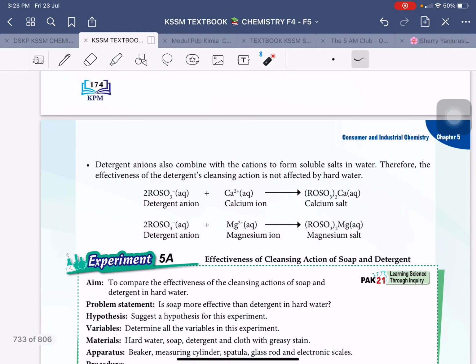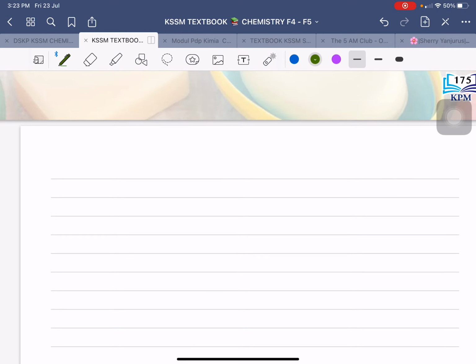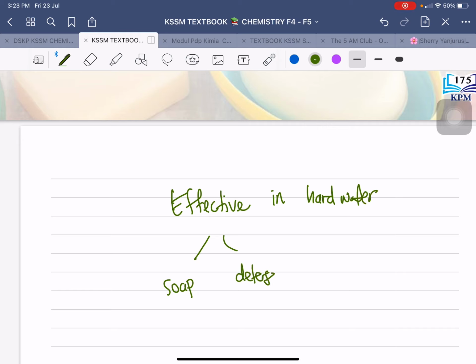So, let me recap, ataupun biar cikgu ringkaskan sekali lagi what you have learned about the effectiveness, effective in hard water, soap and detergent. So first thing first, you need to understand hard water tu apa? Hard water tu adalah water that contains calcium and magnesium ions. So what is the example of hard water? Sea water, okay, air laut.